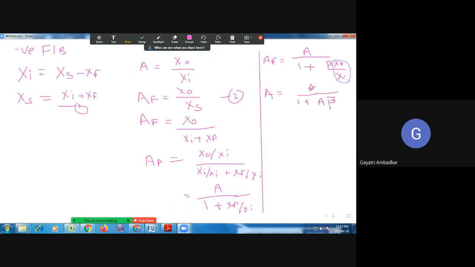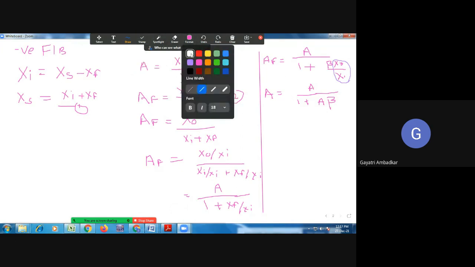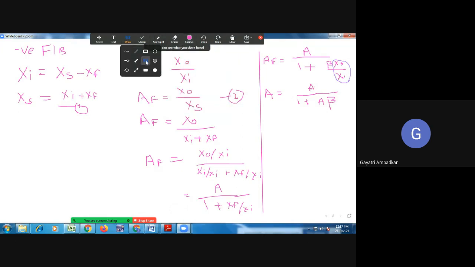What is A? It is the gain of the amplifier without feedback. Now if you look at this expression, your feedback gain in case of negative feedback amplifier is A upon 1 plus A beta. It means 1 is added in A beta.